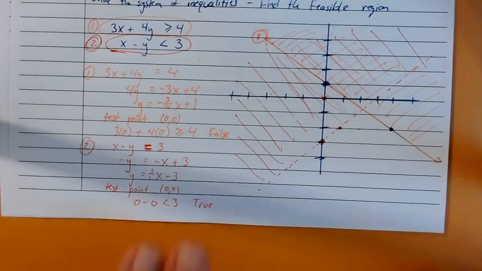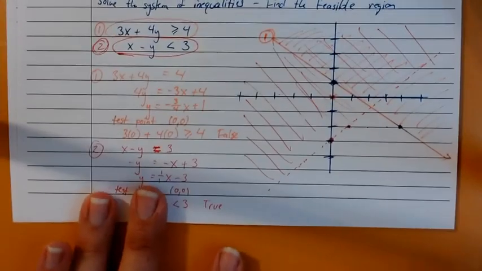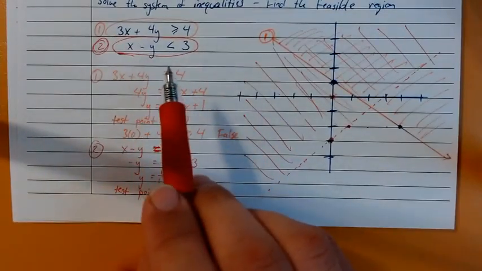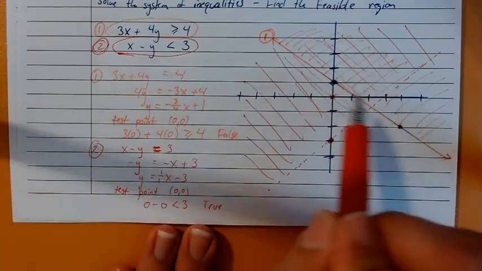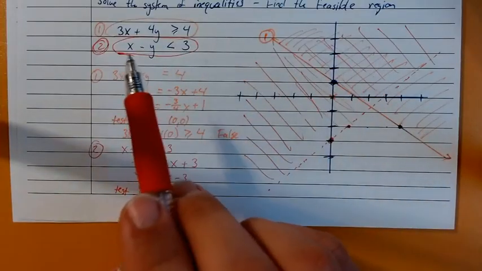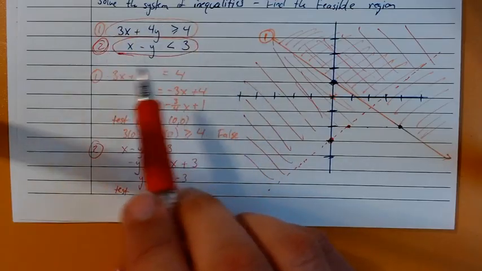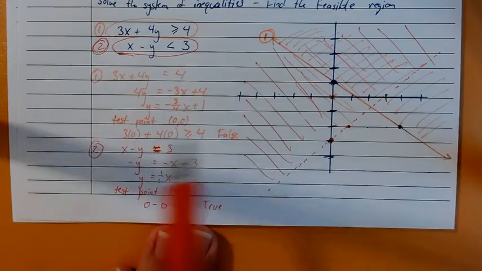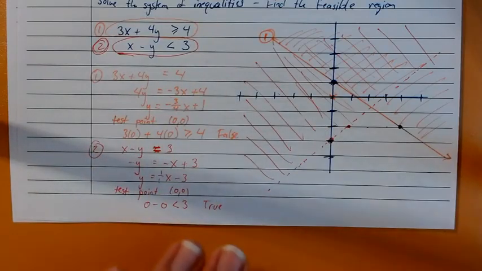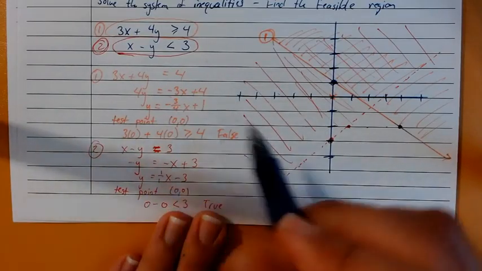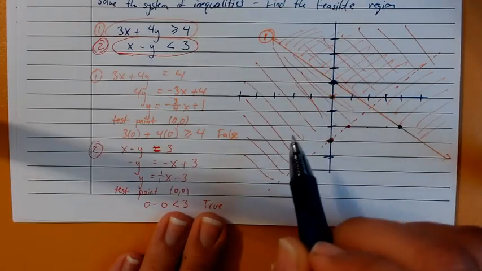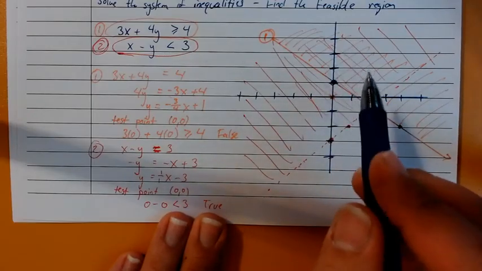Okay, so now our solution to our system. Remember, our system is made up of two inequalities. However, a solution to a system is a solution that is valid for both of the inequalities simultaneously, which means what we're looking for is the overlap. The solution to the system is not just wherever we have any coloring, but rather where both colorings occur simultaneously.